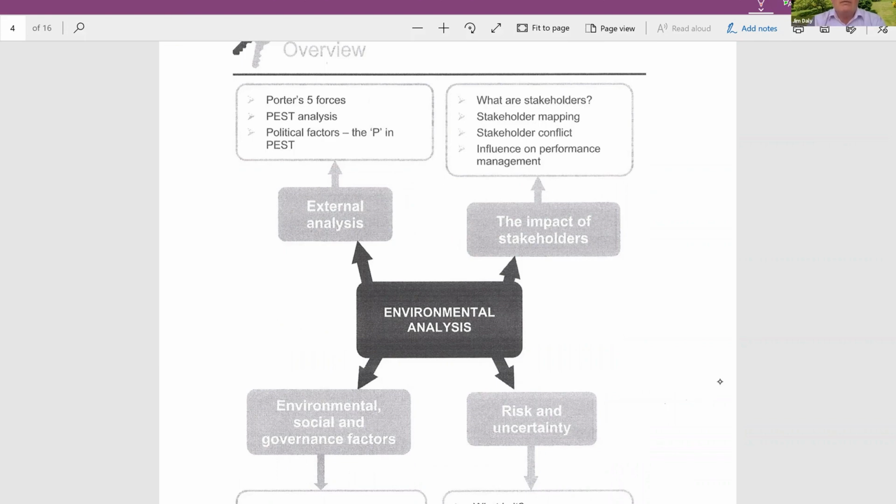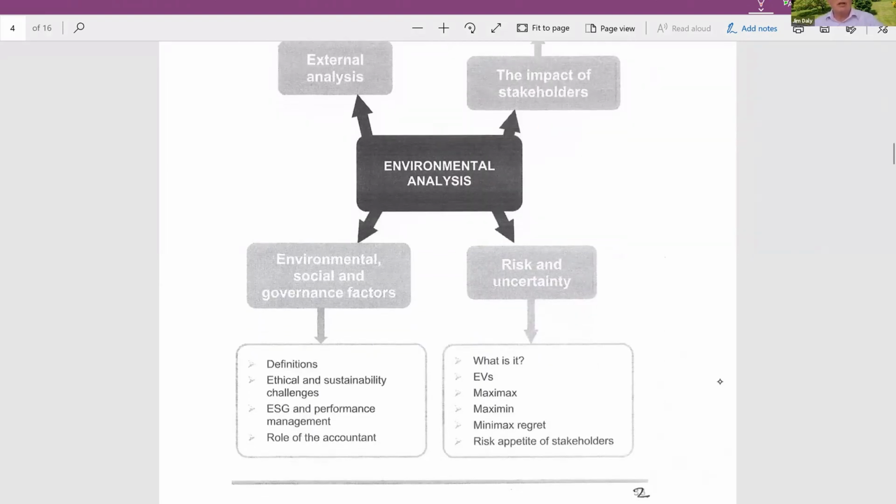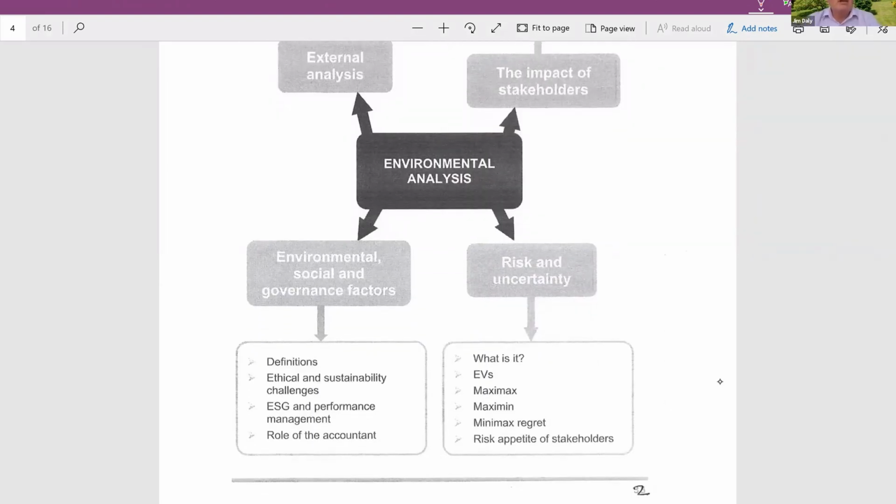Impact of stakeholders, what are stakeholders? Stakeholder mapping, such as Mendelow's matrix, stakeholder conflict, influence on performance management. It then looks at environmental, social and governance factors that could influence the environment. That's what we broadly mean by external analysis.